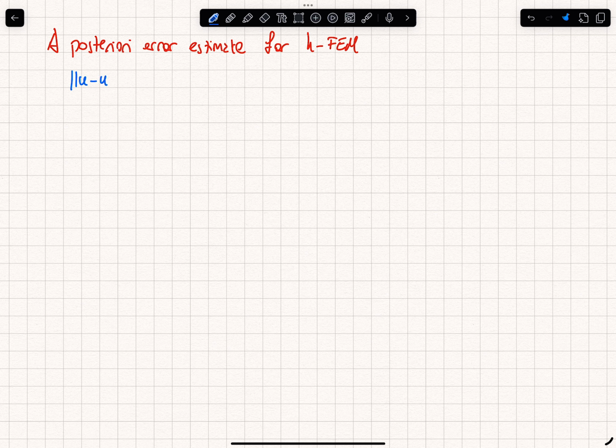So again, if you remember, the a priori error estimate was less than or equal to C1 multiplied by H to the power of beta H, norm of U, energy norm of U. And this is giving us the algebraic convergence.